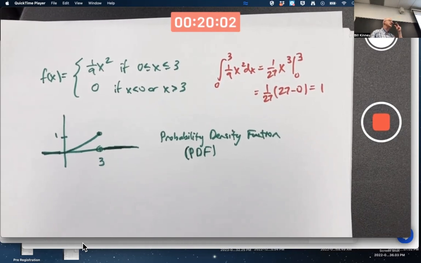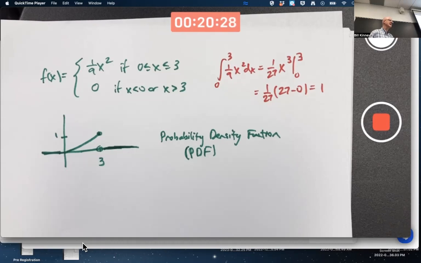And any PDF, in theory at least, can be used to model a data set from statistics. What do I mean by model a data set? I'll get to that. It doesn't mean it's a good model for the given situation, but in theory, it might be a good model. You have to test it against the data to see if it's a good model.